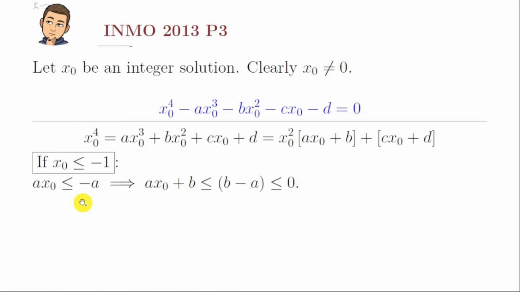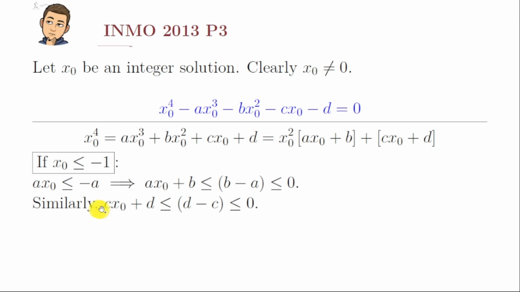And then from here, if I add b to both sides of this inequality, we get that ax0 plus b is less than or equal to b minus a. And a is bigger than or equal to b, so b minus a must be less than or equal to 0. So we get here that this term ax0 plus b must be non-positive. It is at most 0.